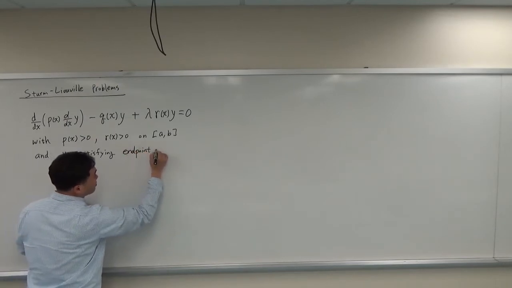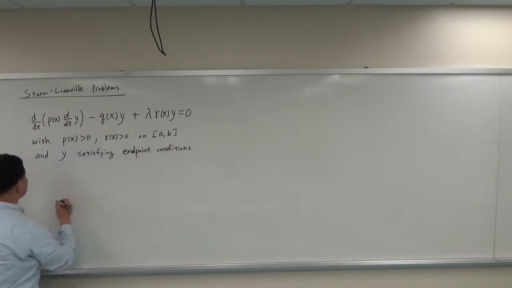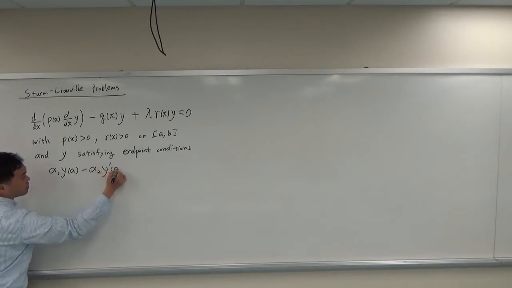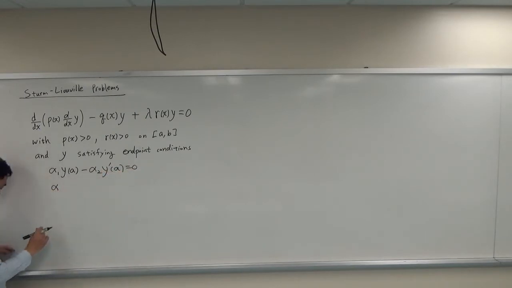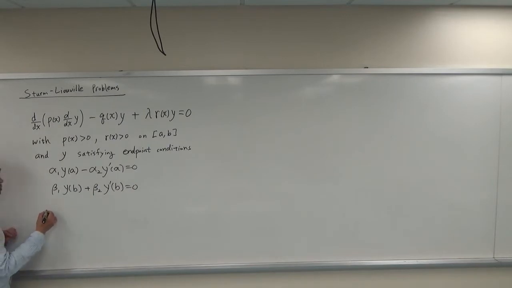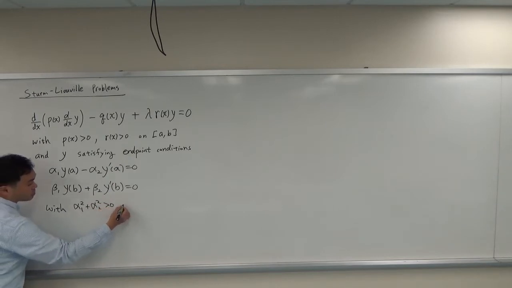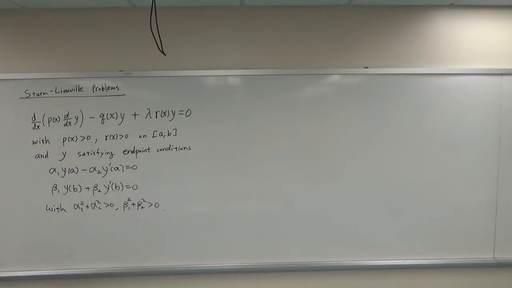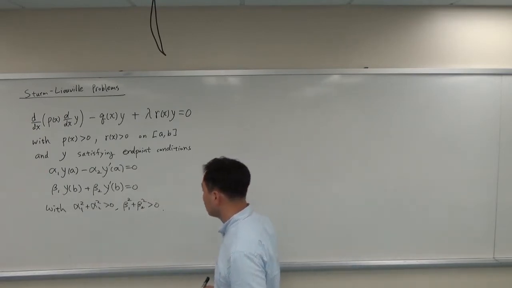There are two: alpha 1 y(a) minus alpha 2 y'(a) equals 0, and beta 1 y(b) plus beta 2 y'(b) equals 0, with alpha 1 squared plus alpha 2 squared bigger than 0, and beta 1 squared plus beta 2 squared bigger than 0.